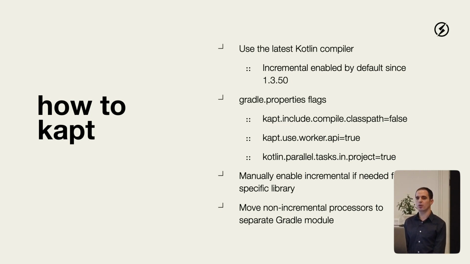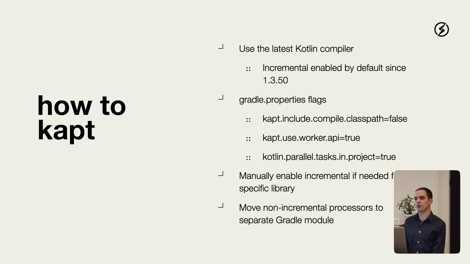Also, check all of your annotation processors' readmes or instructions, because in some processors, you have to manually enable incremental compilation. There are two known processors. First is Android data binding. The second is Room. Both of them have to be enabled in some way, either with Gradle flags or annotation processing options.